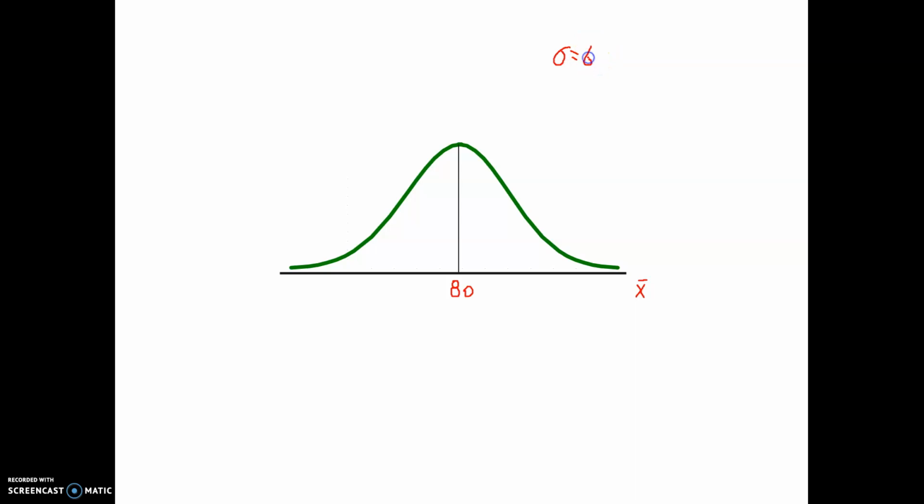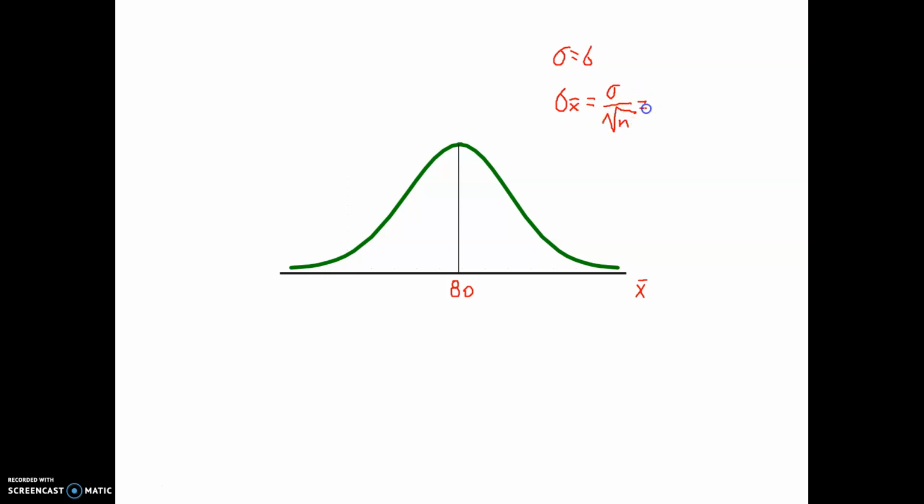But because we're dealing with the distribution of sample means, it's not the standard deviation that matters, it's the standard error. So it's actually sigma x bar, which is going to be the population standard deviation divided by the square root of our sample size.